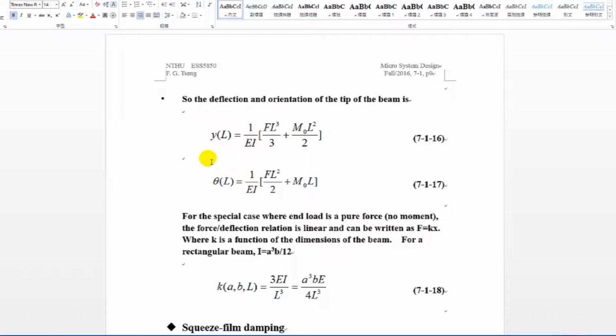So the rest becomes the spring constant k, which equals 3EI over L cubed. So this part will be the spring constant.